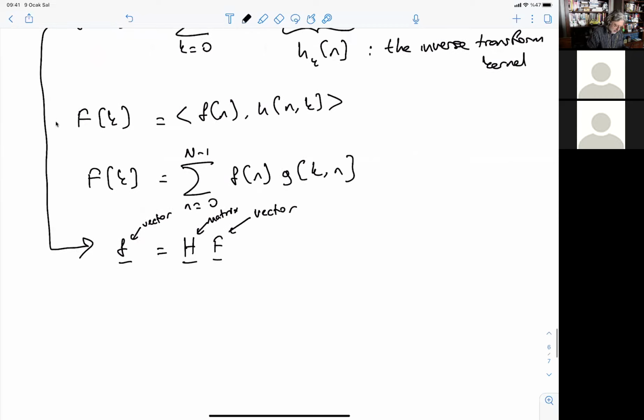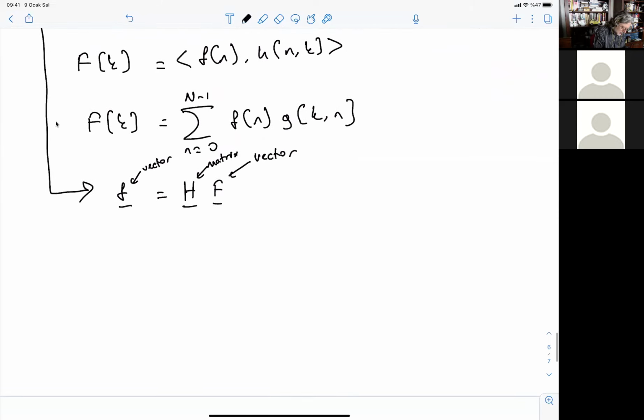And the second one, which is here, actually makes capital F vector equal to G matrix, which is a matrix that is constructed from this one, times the f vector.